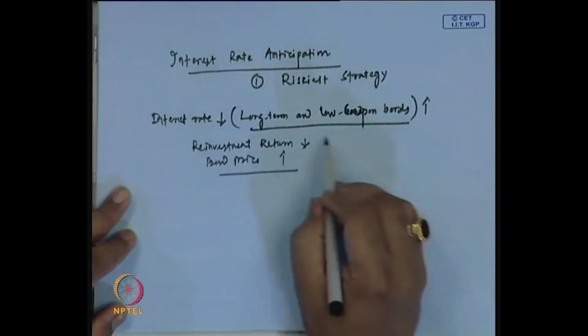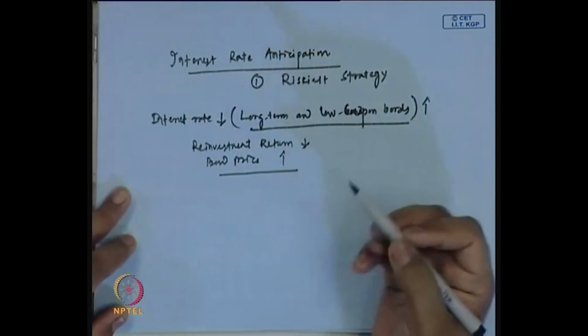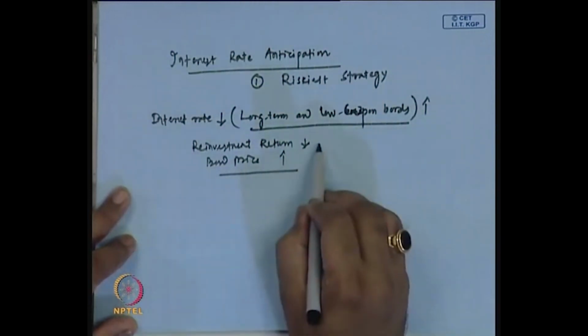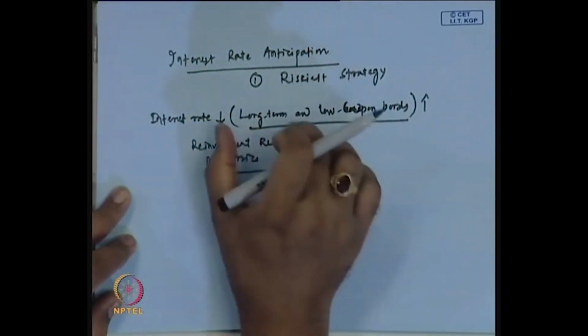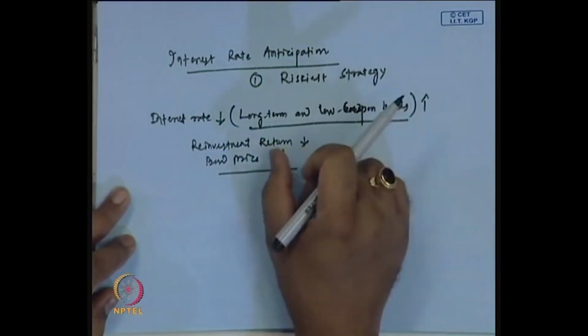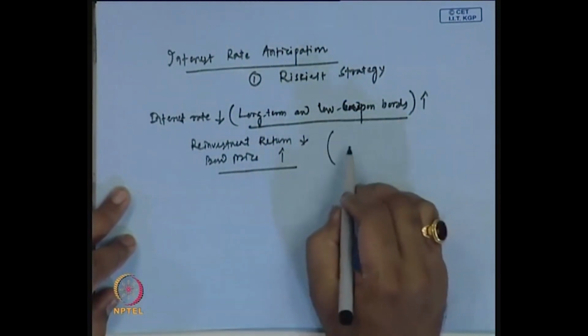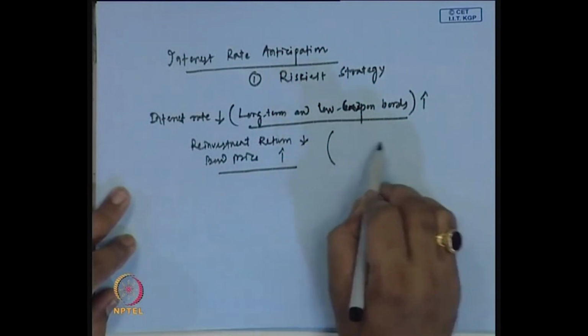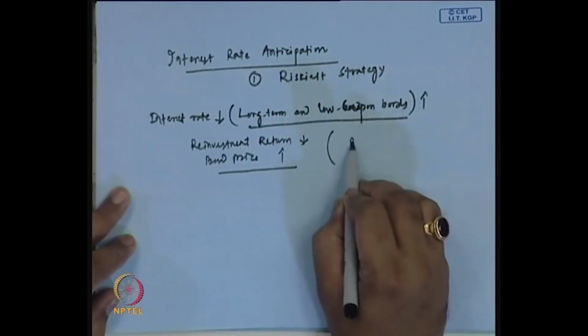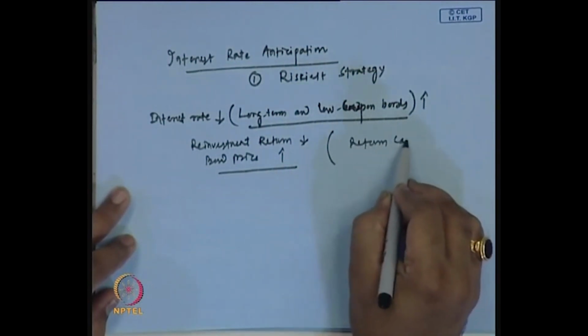So in the long run, if you are expecting this, you should invest more money in long term, low coupon bonds. By that you can hedge your interest rate risk, and the return can also be maximized.